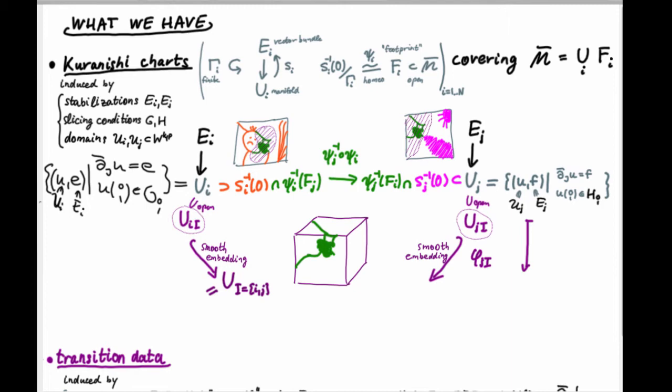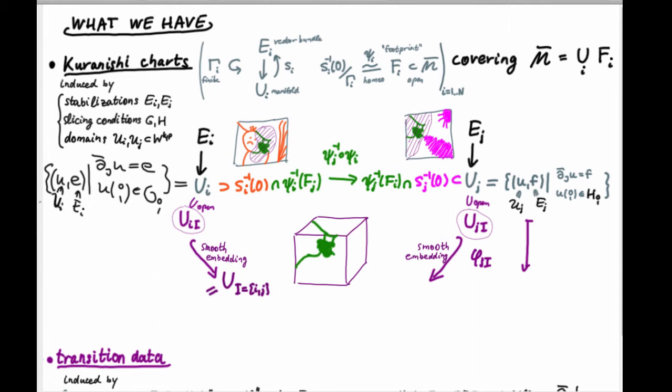My J's chart here works exactly the same way, except I have a different stabilization and different slicing conditions and a different neighborhood. So that's this guy over there. You realize these maps here are all close to some map and some parameterization and satisfy something with this slicing condition. It's not clear how I would even get directly here.